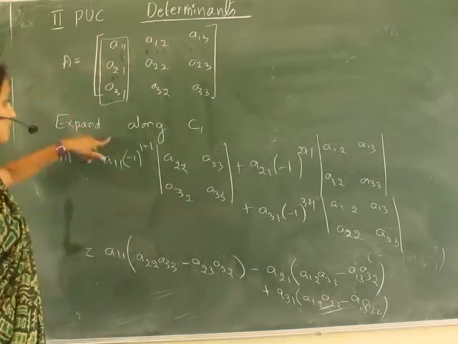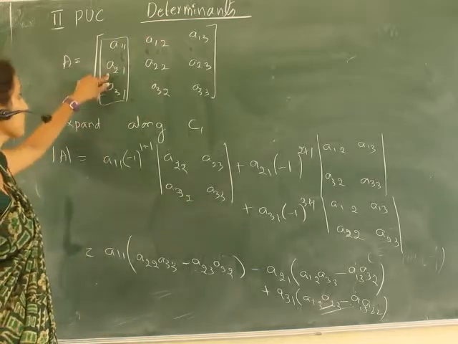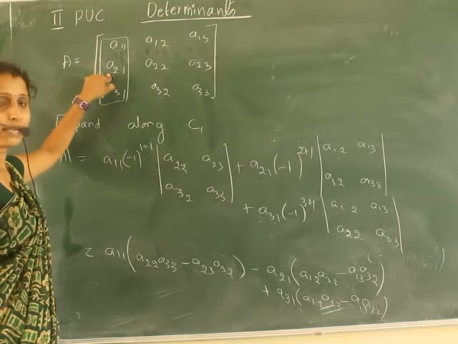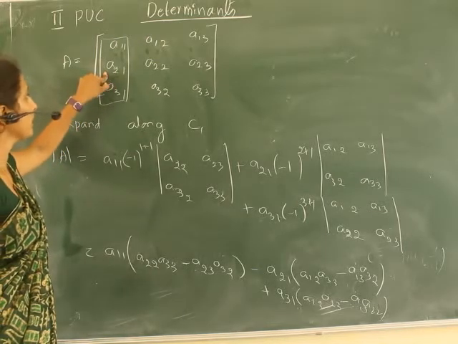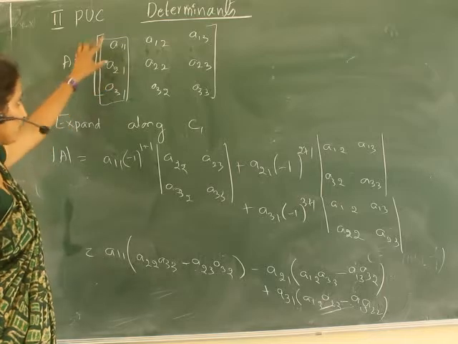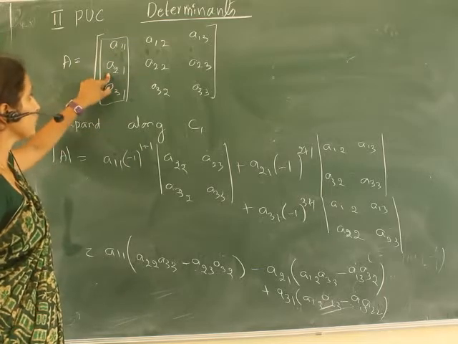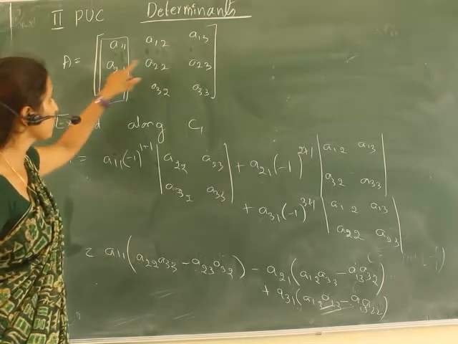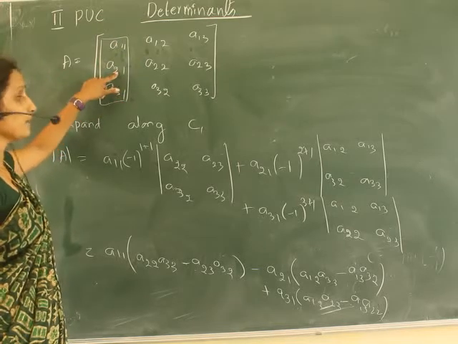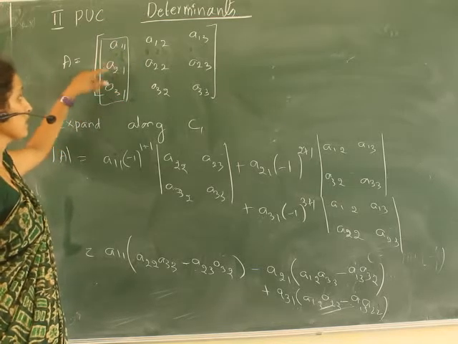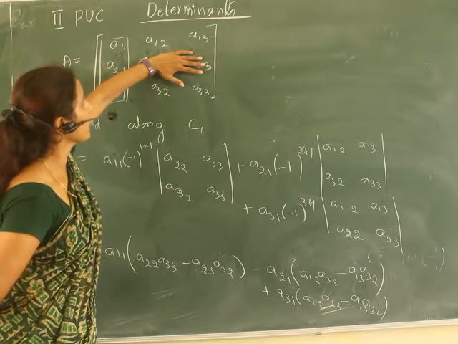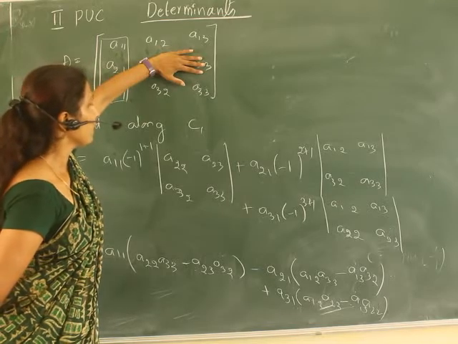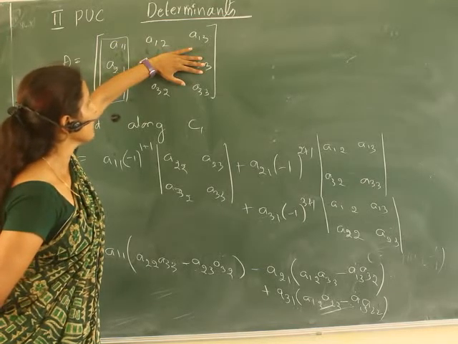Now expanding along C1, this is C1, A21. A11 is the same, then for A21 I have to delete the second row and first column. A2 indicates the second row and 1 the first column. If I delete this, what is remaining? A12, A13, A32, A33.